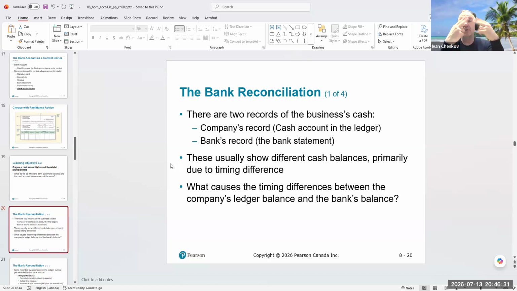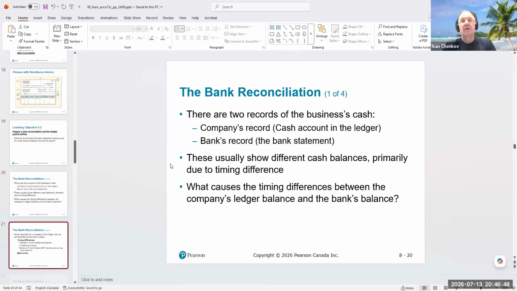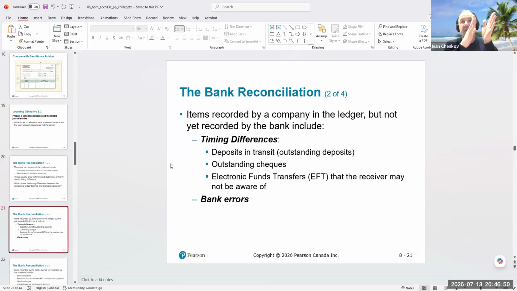Since those transactions already happened, we record them in the accounting books. But for the transactions which are already in the accounting books, we have to wait for them to happen in the bank.